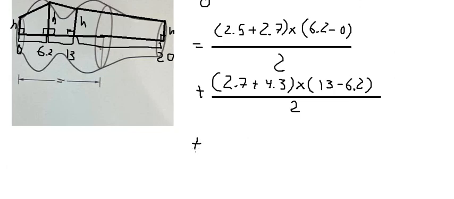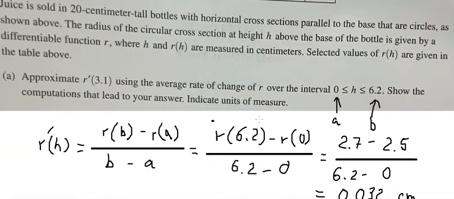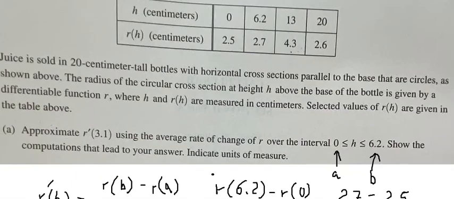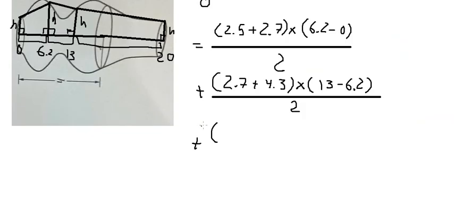And the last one, so we have 4.3 and 2.6. And we have 20 minus 13.